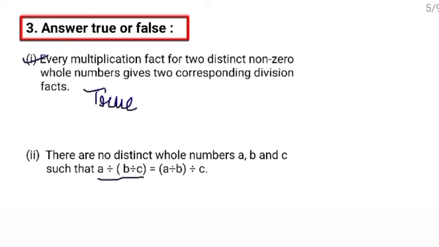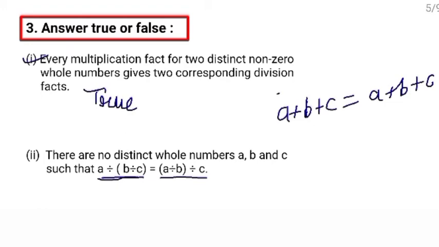Next, there are no distinct whole numbers a, b and c such that a divided by b divided by c is equal to a divided by b whole divided by c. Students, this is associative property, right? When we add three numbers a, b and c and we group them differently, what do we get?